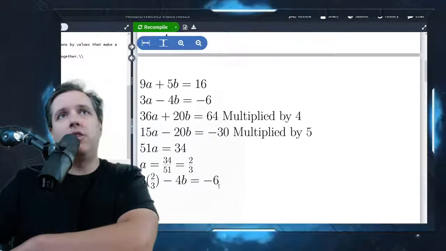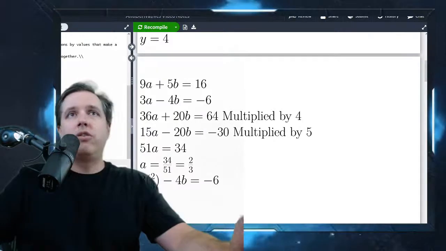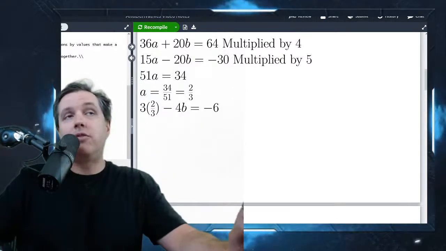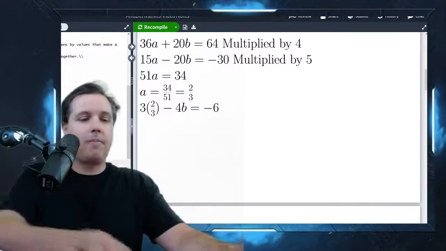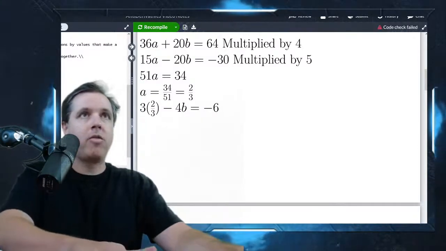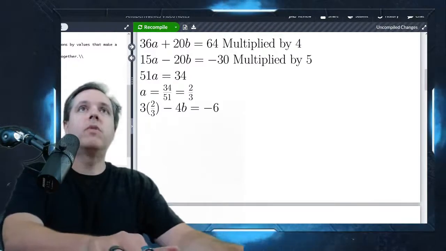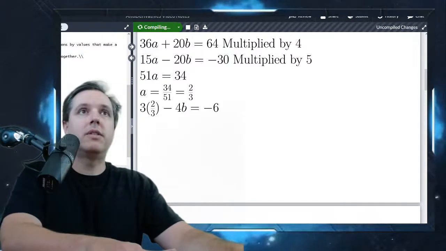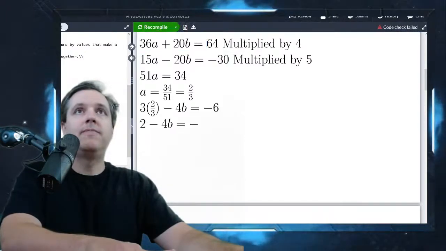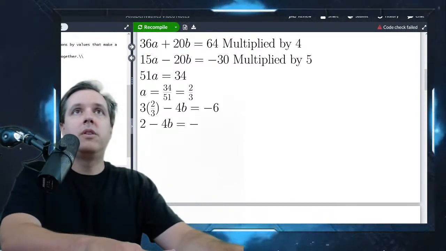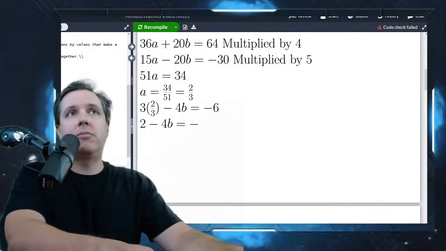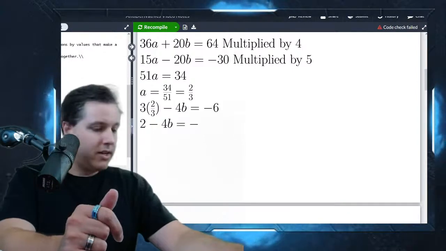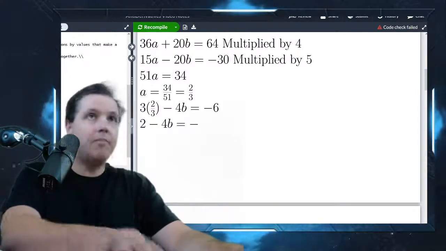Okay, so I just took equation 2, I plugged in 2/3. 3 times 2/3 gives me 1. No, it gives me 2, sorry. So 2 minus 4b equals -6. So it looks like when we subtract 2, divide by -4, we're going to get b equals 2, I think. Yep, b equals 2.